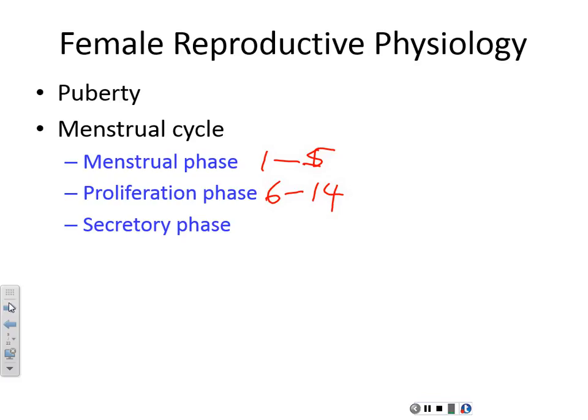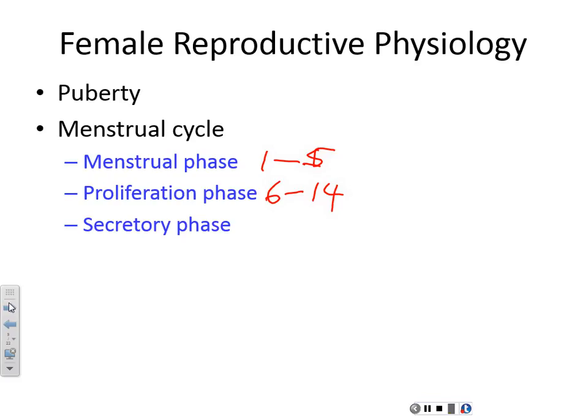Remember, LH is what stimulates the secondary oocyte to divide, to finish off from prophase 1 to metaphase 2, so that you have a haploid cell. Okay, it is the LH surge that causes that. All right, and it also causes ovulation.